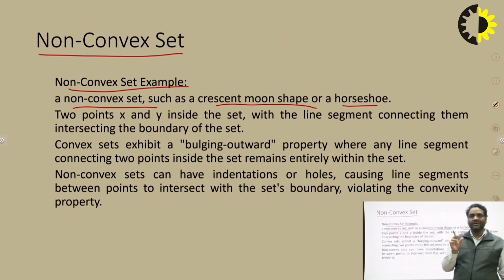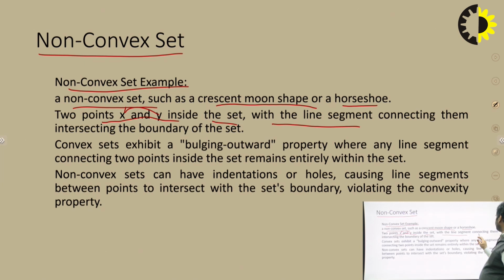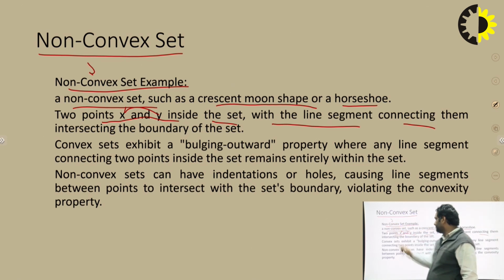So basically what we need to see is to find 2 points x and y inside the set with the line segment connecting them intersecting the boundary of the set. So when we connect these points, some line segment portion will be outside the set. So it is known to be a non-convex set.